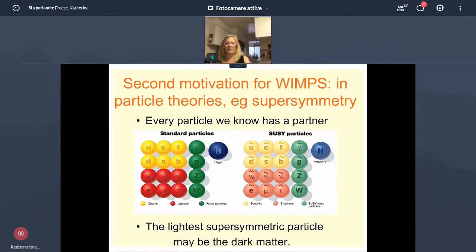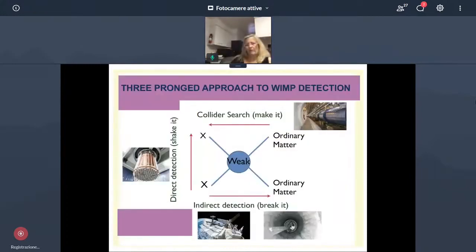The supersymmetric partners are mostly unstable, in the sense that they decay to lower and lower mass supersymmetric particles until you get to the very lightest one, which cannot decay. And that lightest supersymmetric particle is the WIMP candidate for dark matter. Next slide, please.